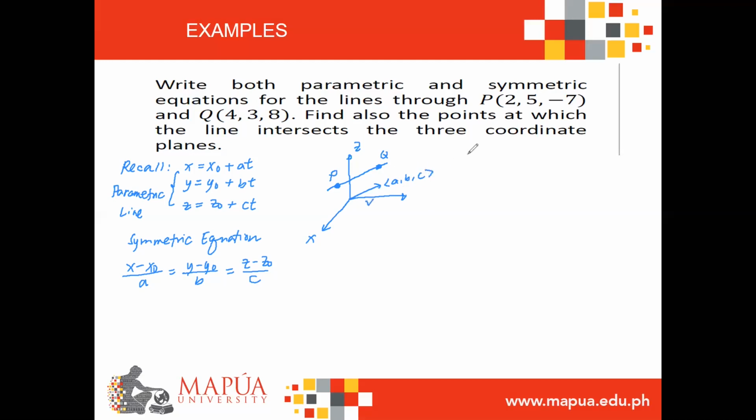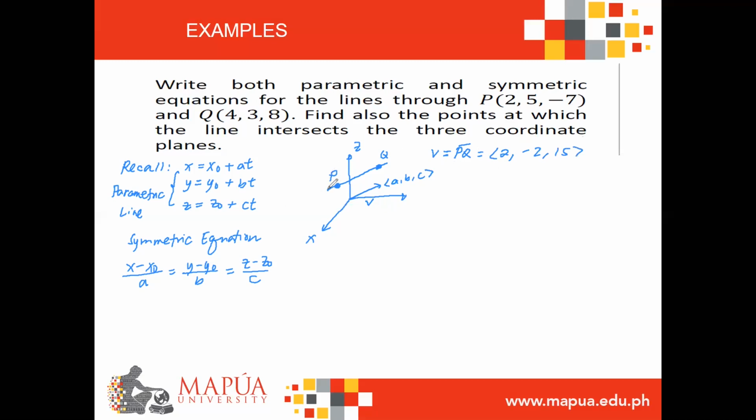It can be obtained from vector PQ, and this will be our vector v. So we take the terminal minus the initial point of your line L, and that will be 4 minus 2 is 2, 3 minus 5 is negative 2, then 8 minus negative 7 will be 15.